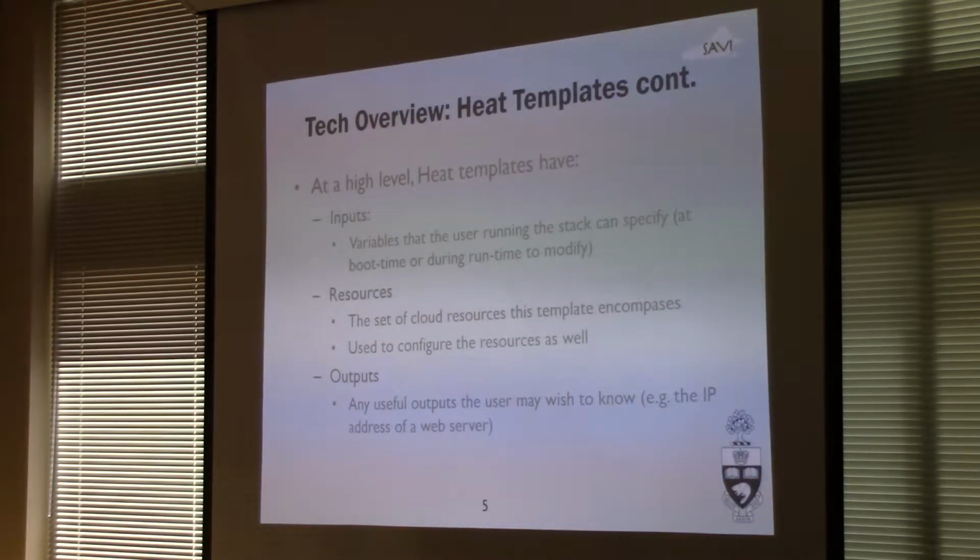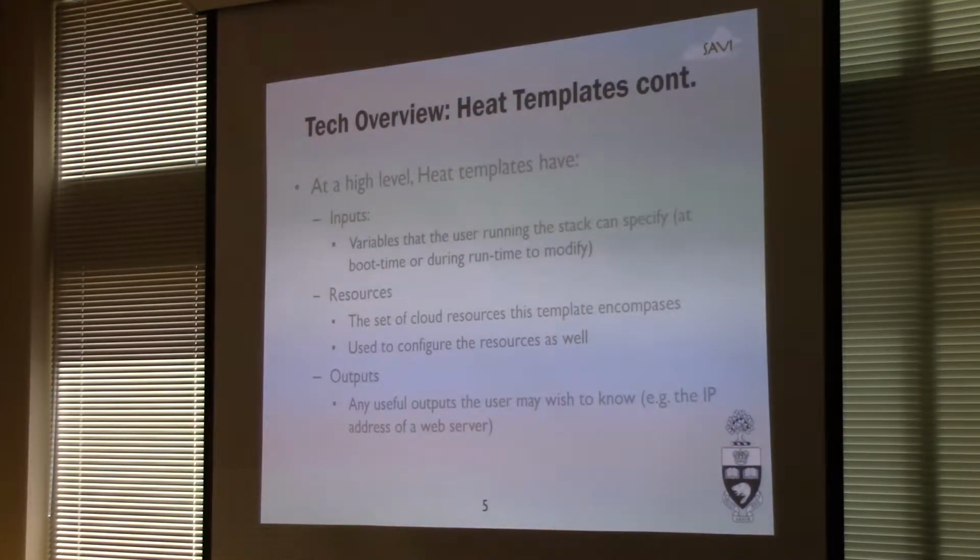And then there's also the resources, which is the set of cloud resources that encompasses this one application. And whenever I say cloud resources, I don't want you to be restricted into thinking that these resources are simply virtual machines. These cloud resources can even be things like IP addresses, or different virtual networks. We consider all these things to be a resource.